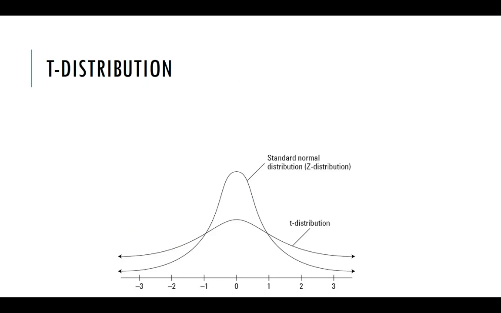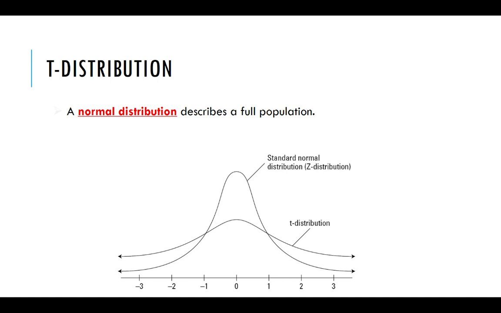In this graph here, we see our standard normal distribution, and then we see the t-distribution, right? And they look a little different. The t-distribution is shorter, it's fatter. The standard normal is taller, a little more shapely. A normal distribution describes a full population, right?